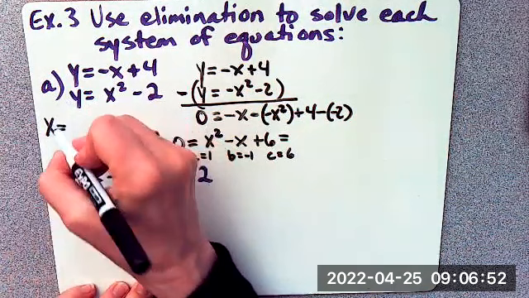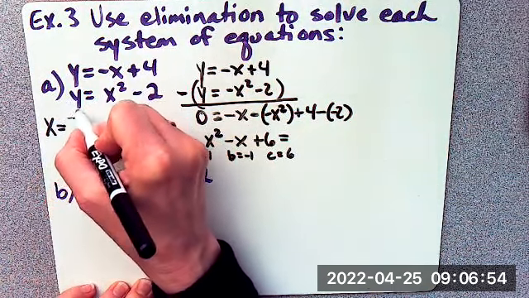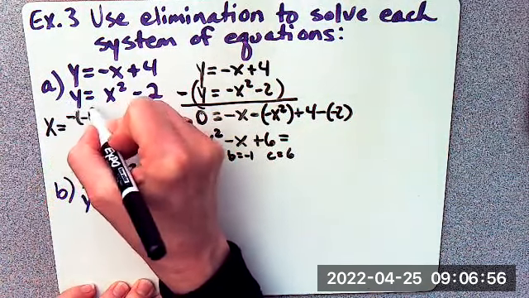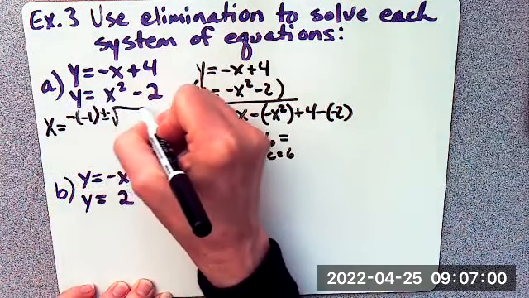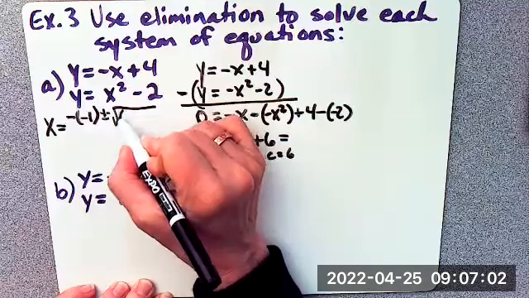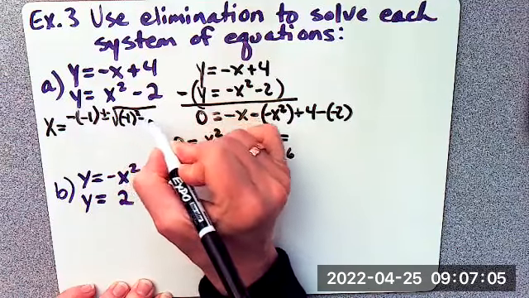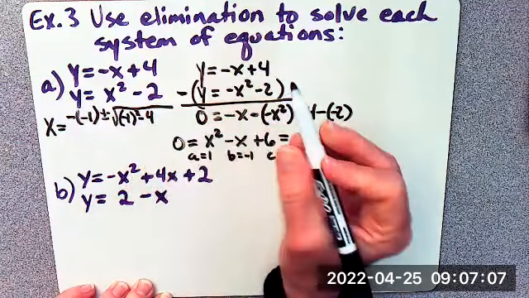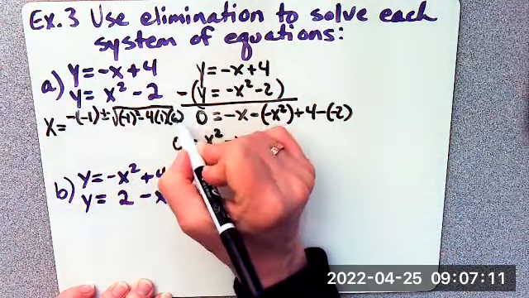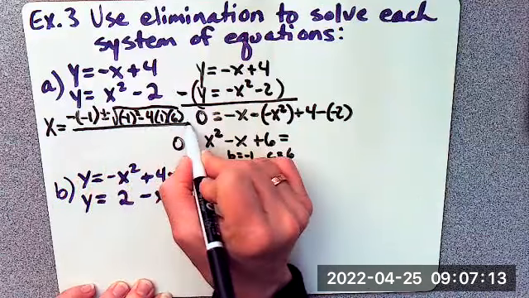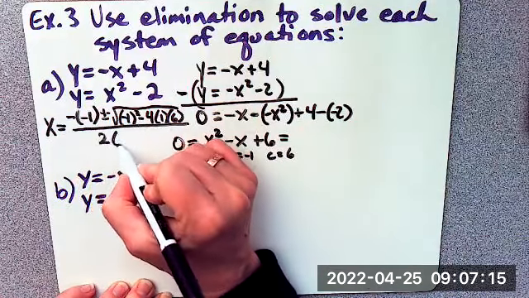All right, so I have -b, so -1, plus or minus the square root of -1 squared minus 4 times 1 times 6, all over 2 times 1.